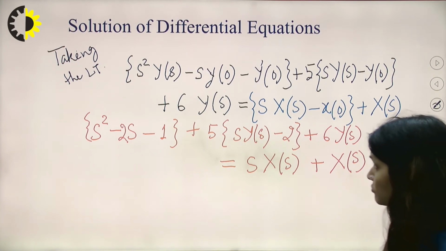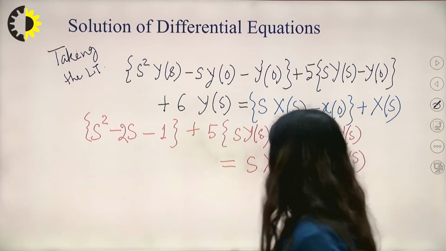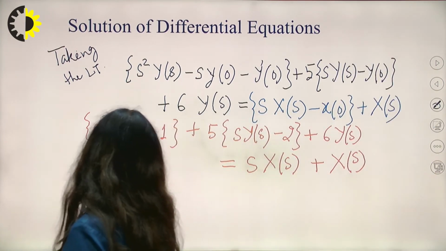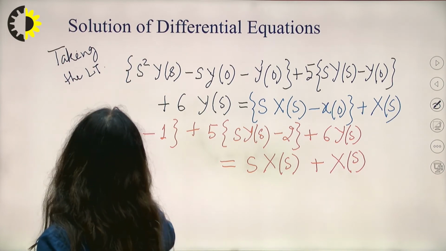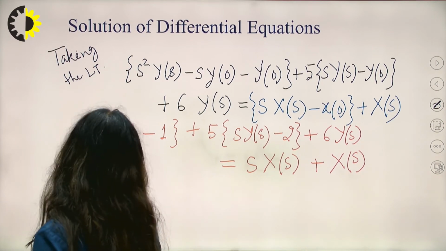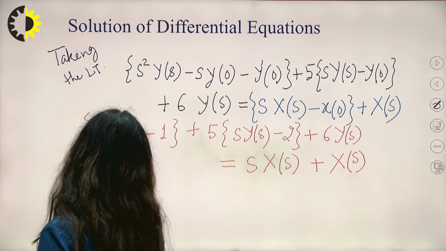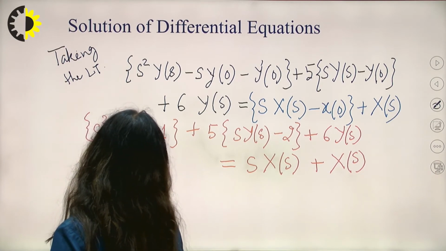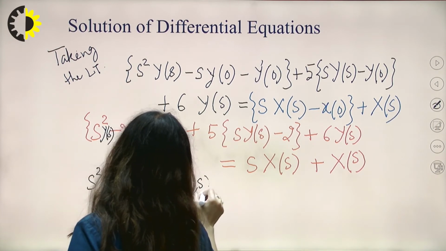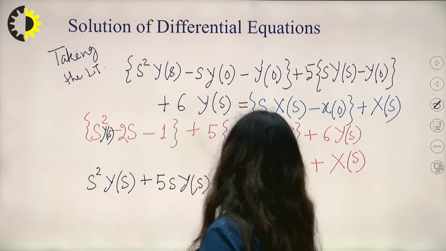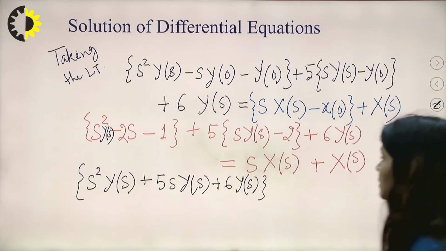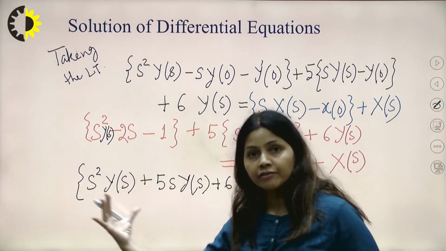So we must solve this putting in all the values. Here we will write s square Y(s) plus 5 s Y(s) plus 6 Y(s), so all the terms with Y(s) we have separated.